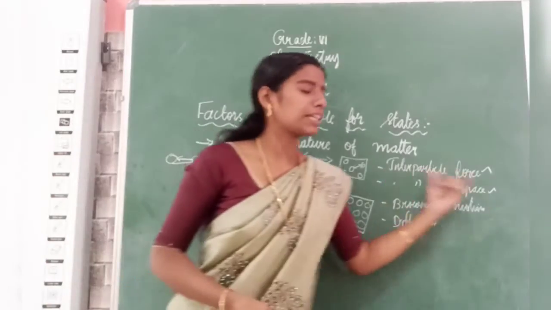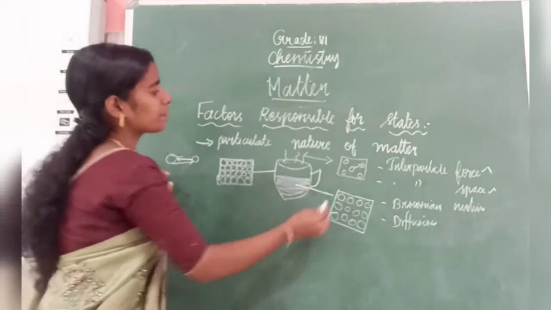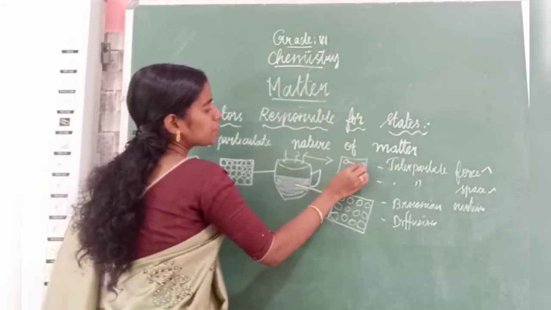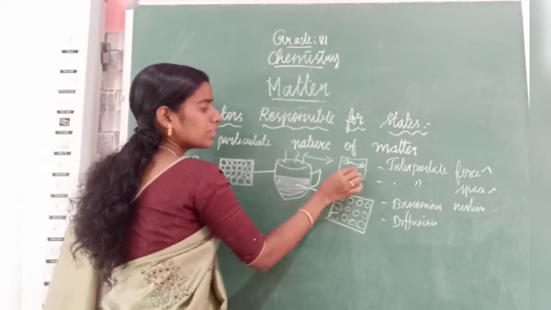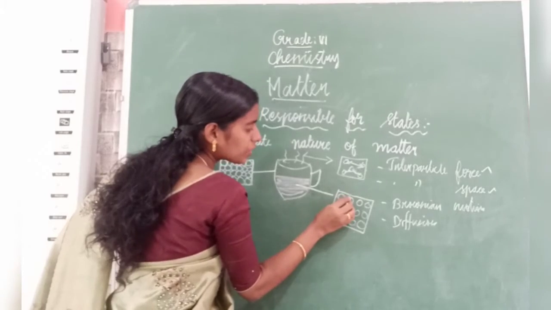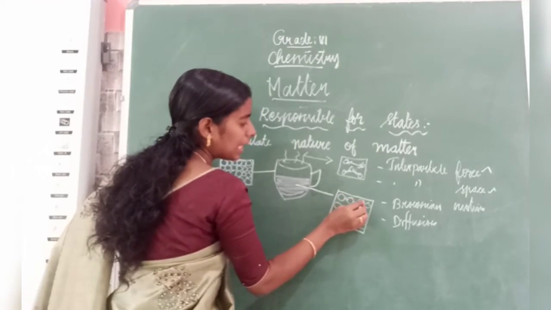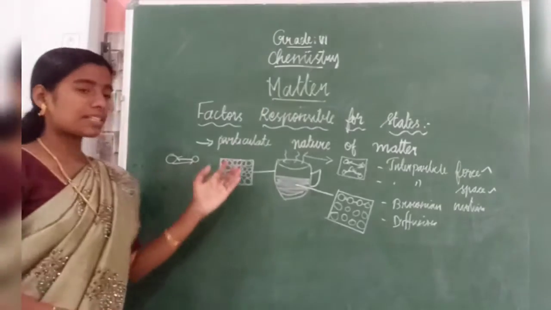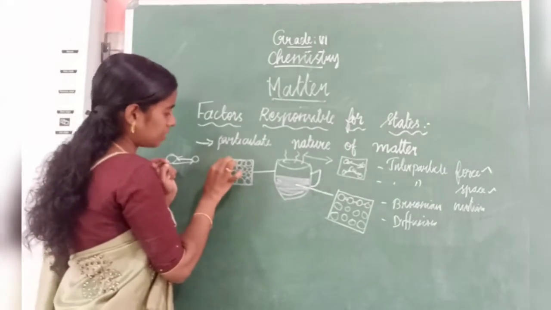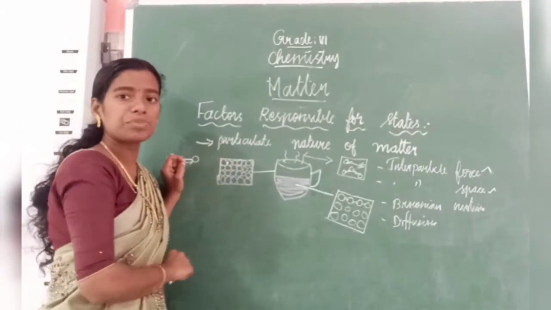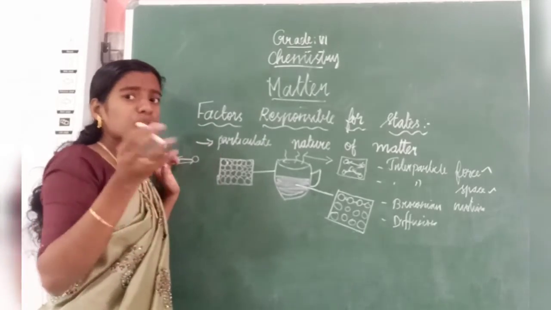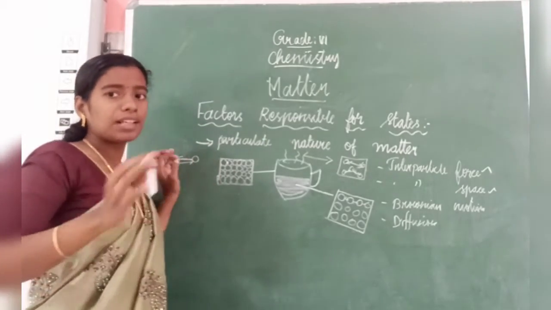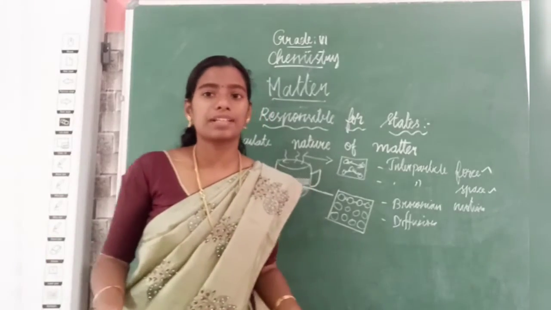Then interparticle space. See this? In gas there is a lot of space between two atoms, but in liquid it is somewhat less than that. When you consider solid, there is hardly any gap between two atoms, they are very close, so there is no interparticle space. So what is interparticle space?